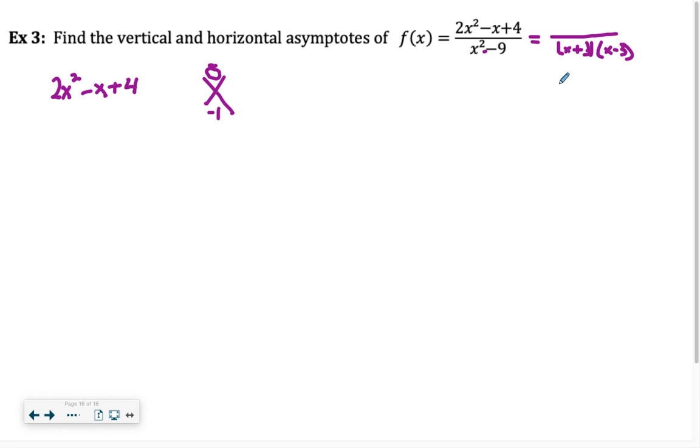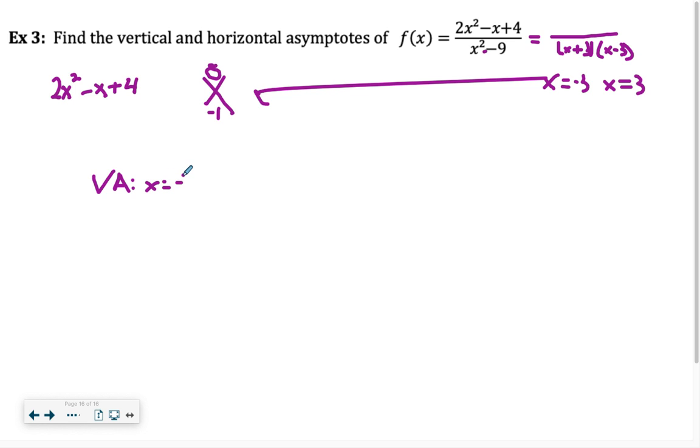So this would give me a vertical asymptote of, sorry about that, x equals -3, and this one would give me a vertical asymptote of x equals positive 3. All right, so I can write my VA here. Two vertical asymptotes.